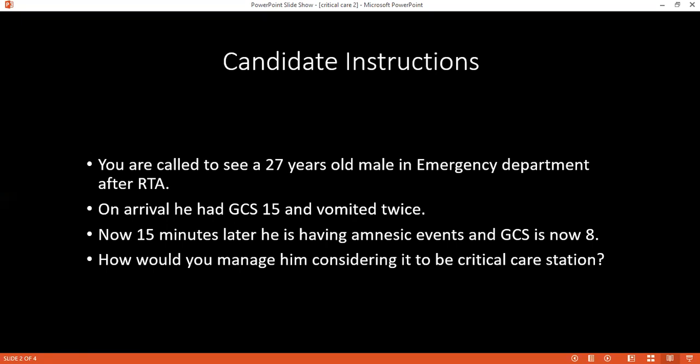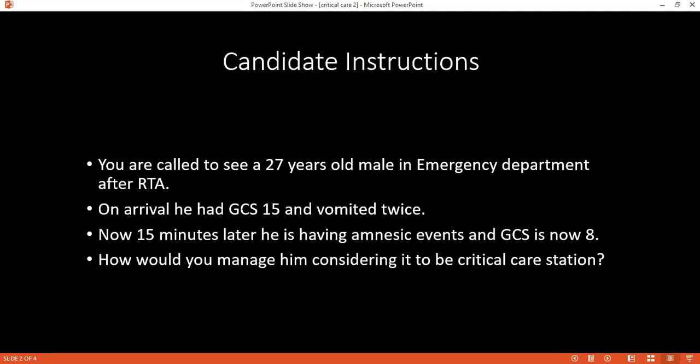Yes. And the head would be how many degrees uplifted? Yes, I will elevate the head of the patient to 30 degrees. 20 to 30. Yes, good. And put it in a neutral position.